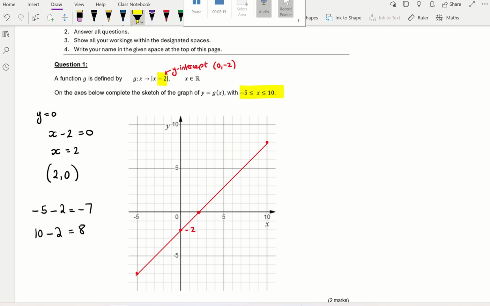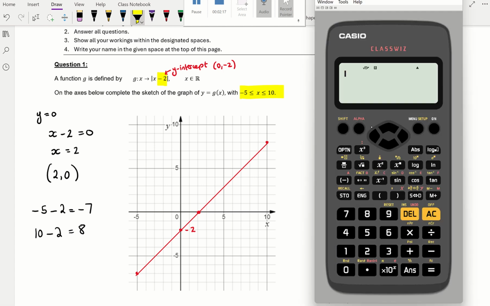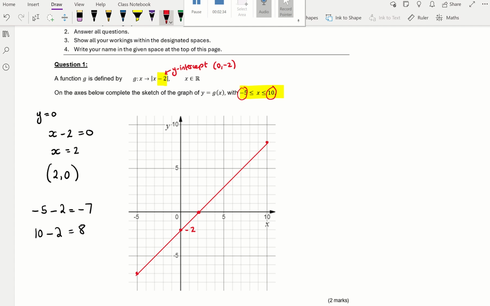You can always get your calculator, and you can go to your table function, and you can put your equation as x, so alpha x minus 2, and you press equal again, and you start from minus 5. That is your starting point. That is your end point.